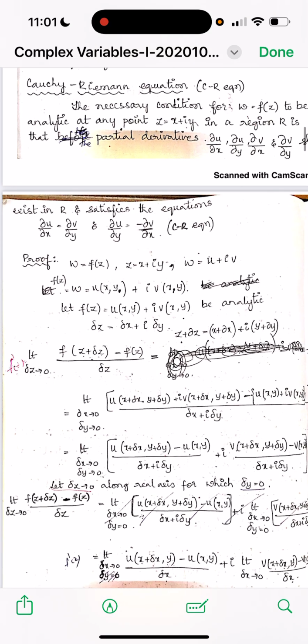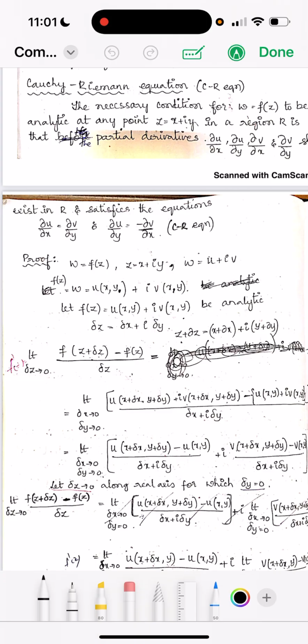So the proof is nothing but the same as in the polar form. w = f(z), z = x + iy, and w = u + iv.